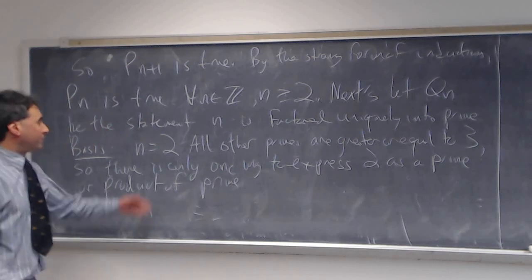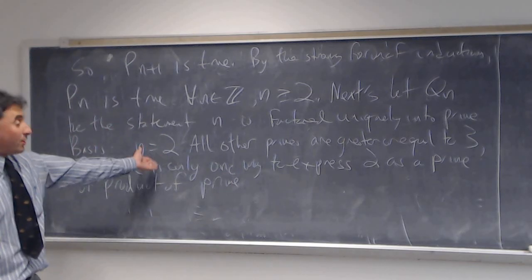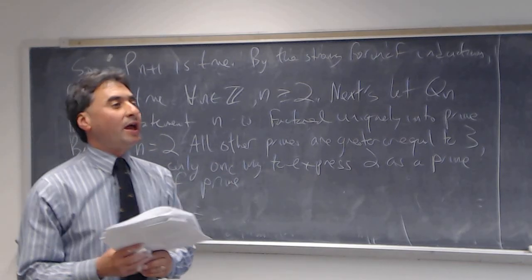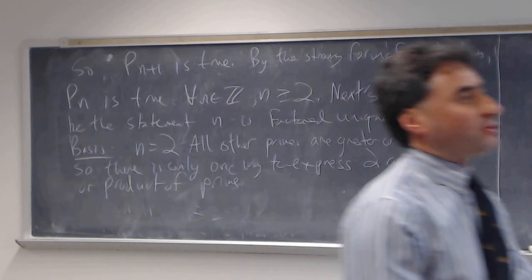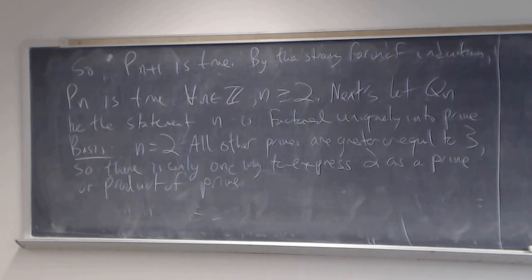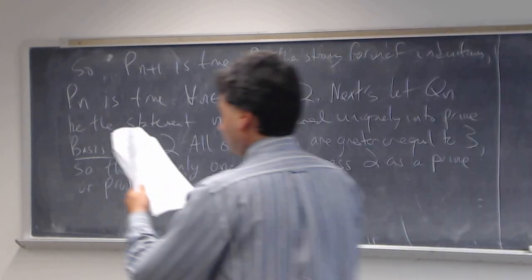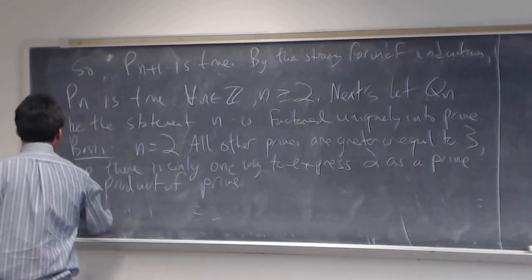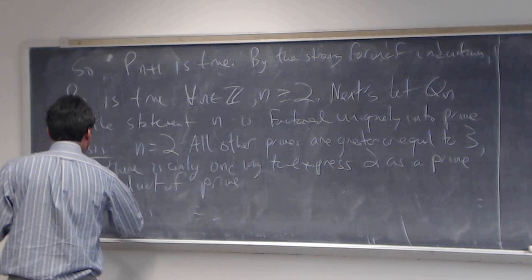Right? Certainly, 2 is the only prime that equals 2, and we can't write 2 as a product of primes because all the other prime numbers are greater than 2, and so none of them can be factors of 2. Now the inductive step. And again, we use strong induction.